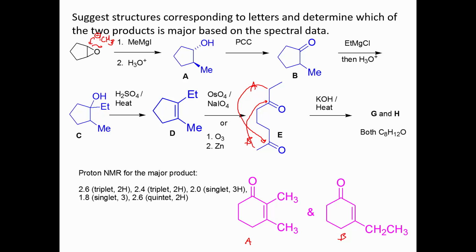Well, look at the spectral data. B has an alkene hydrogen in it. A does not. A also has, in the spectrum, a lot of 3-proton singlets for methyl groups. Let's get rid of A and B. Sorry, let's go with G and H to match that.